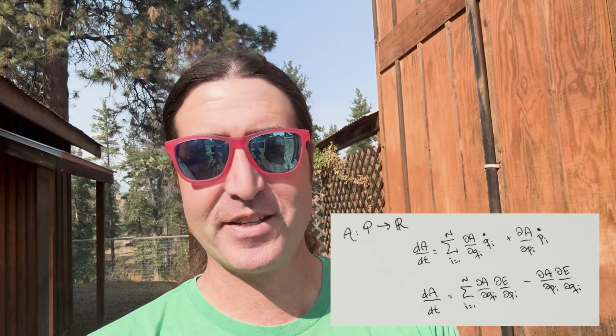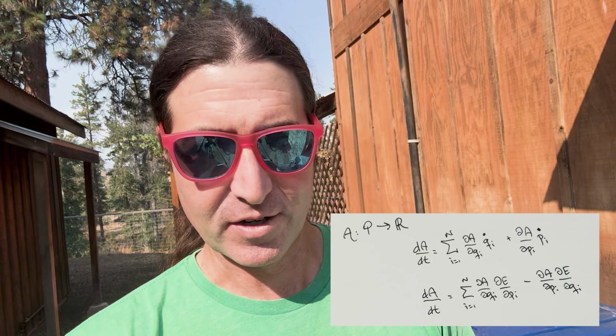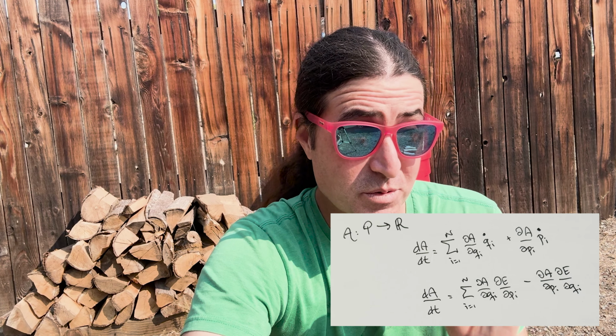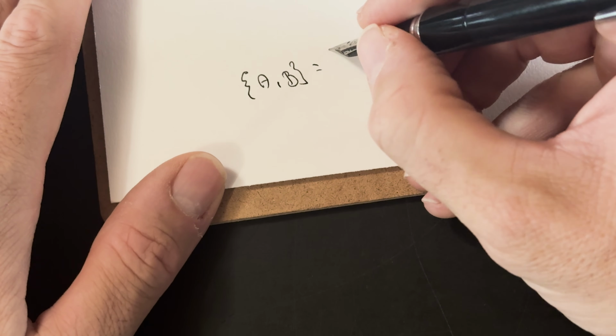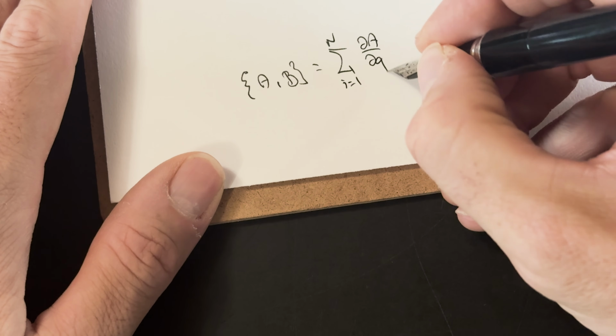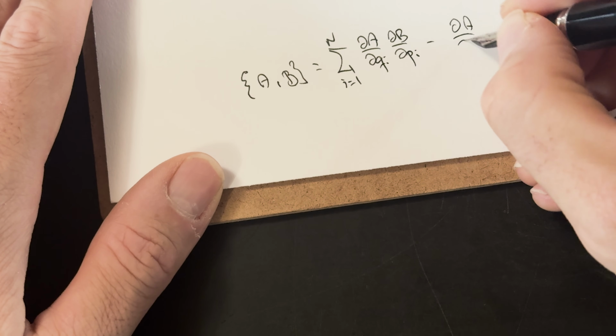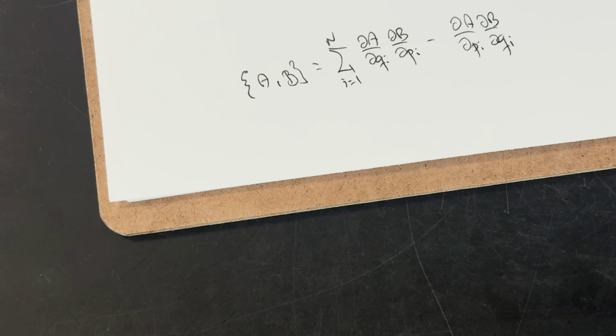To fully understand how useful this form is, let's generalize or abstract this representation of A dot, the time derivative of A, a little. Let's write this bracket out in terms of two functions from phase space to the reals, say A and B. In other words, let's write, say, the bracket with A and B is equal to this thing.